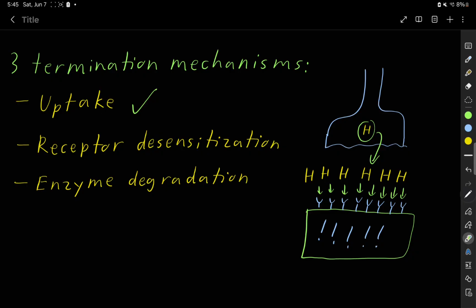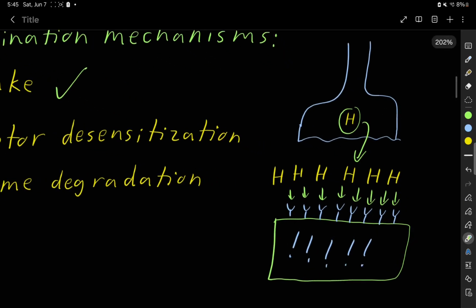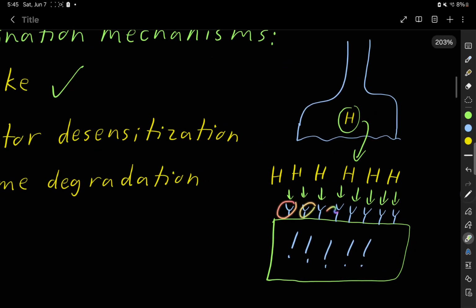So what receptor desensitization is, is that some of these receptors, let's say like half of them, can get desensitized or deactivated. And this is done by basically pulling these receptors into the cell so that histamine can no longer go on and bind onto them and activate them. So these receptors get pulled into the cell.